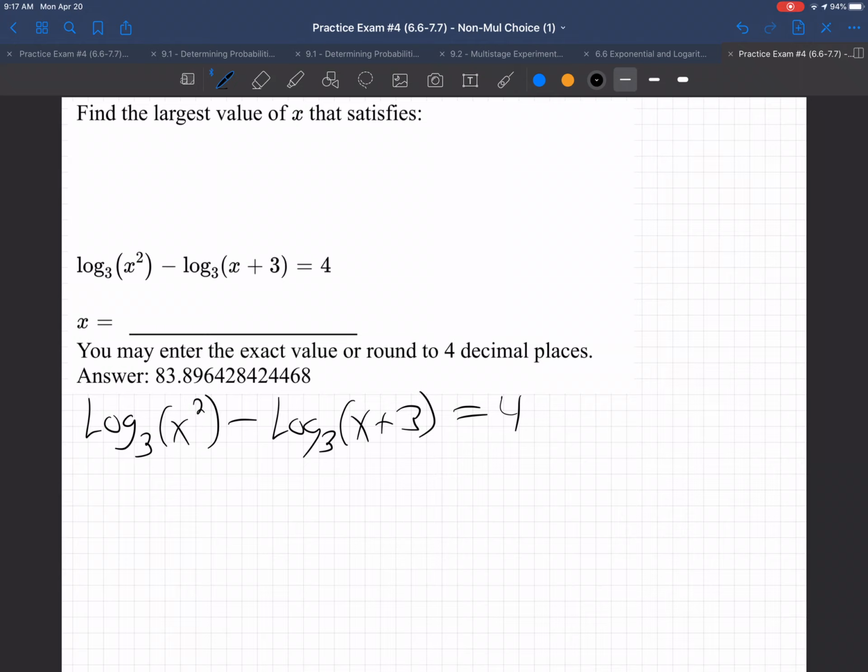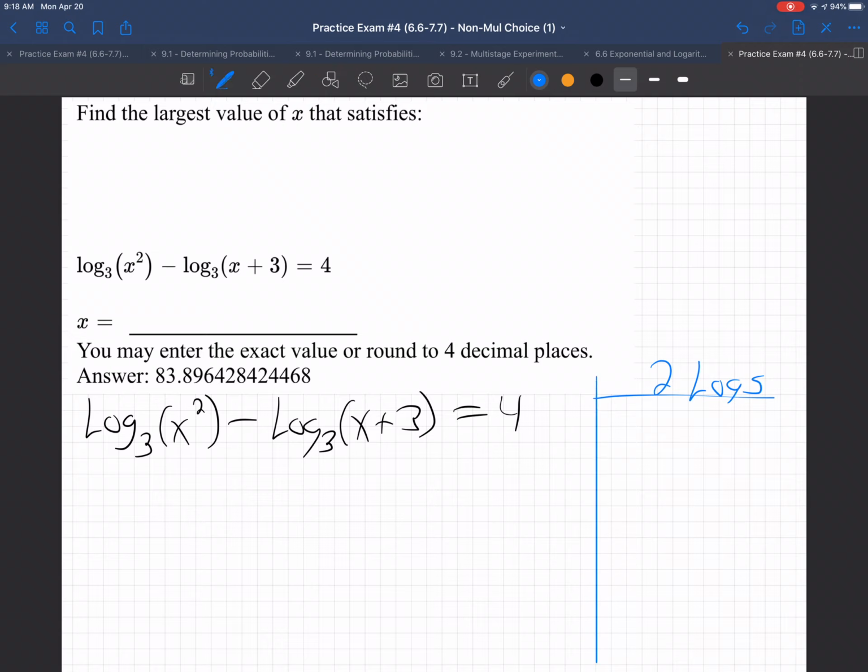Okay, so what do we do when we have two logs? What are we going to do? Well, first thing, let me make a line of separation there.